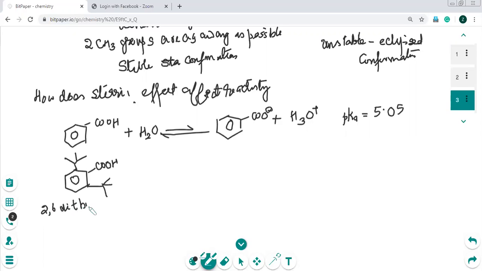See, look at the equilibrium. Same equilibrium.